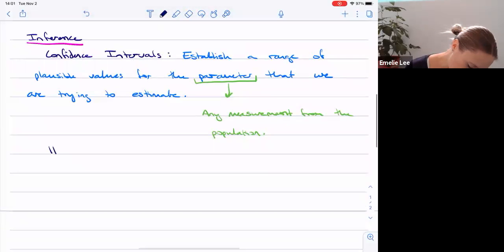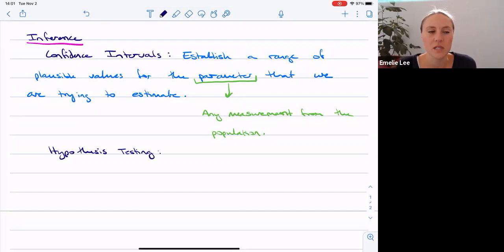Whereas hypothesis testing, what does it do? It tells us whether there's a statistically significant difference between a statistic and the hypothesized parameter. Okay, so that's in general.